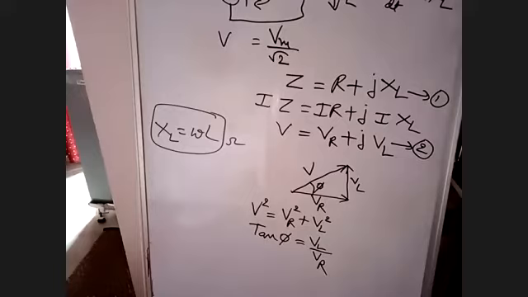If you know the frequency and L also, you can determine XL, because omega is 2 pi f. So VL is equal to I into XL. The unit of XL is ohms. Now in terms of voltages, we have drawn the right angle triangle.